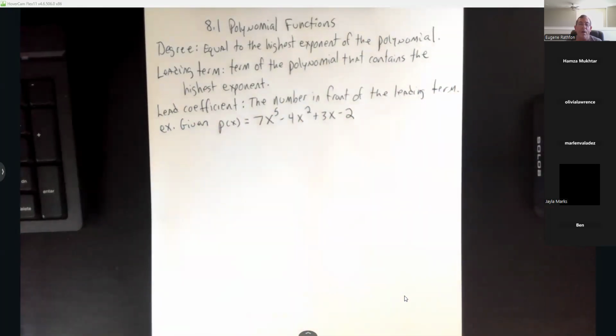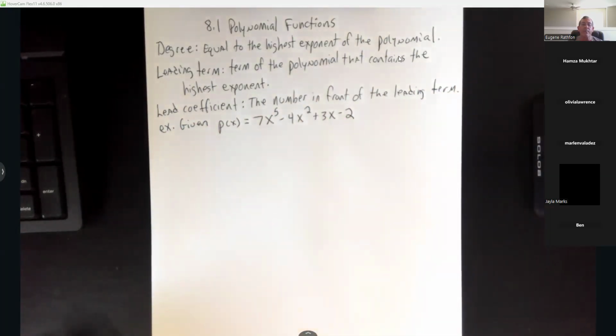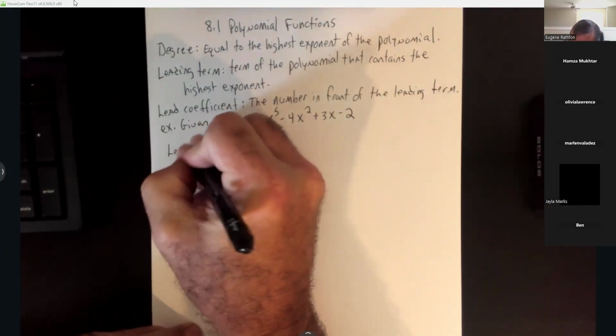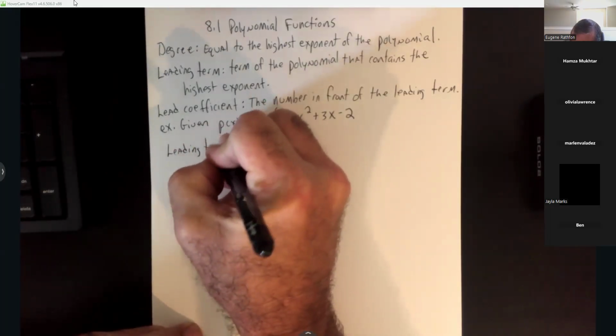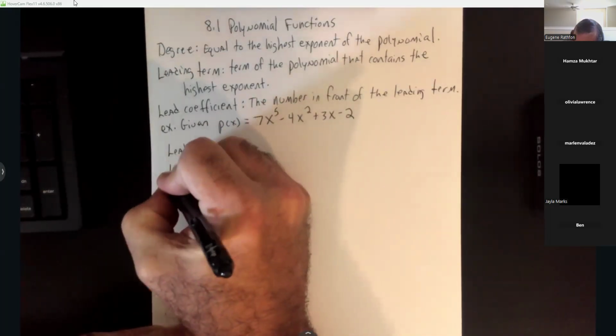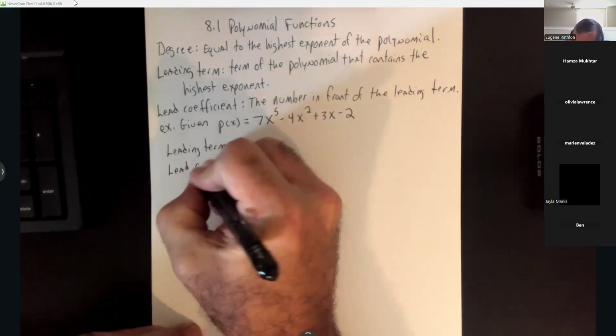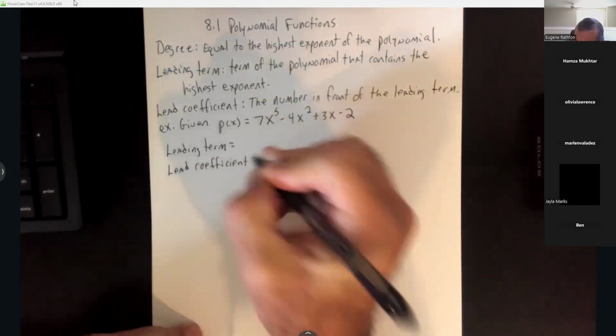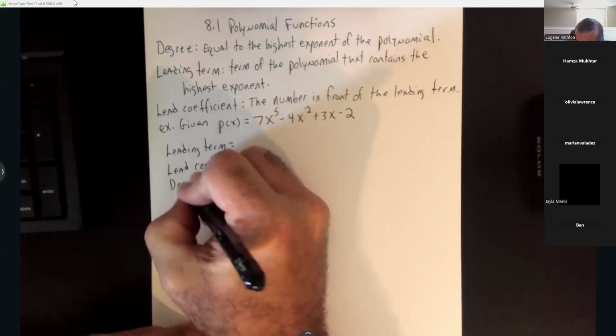So given this polynomial, I want to know the leading term, the lead coefficient, and the degree.